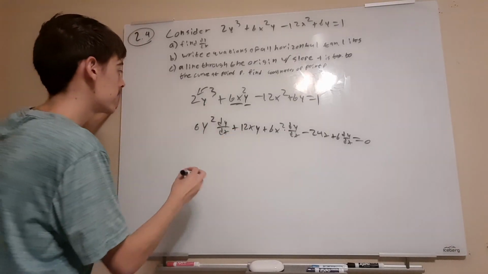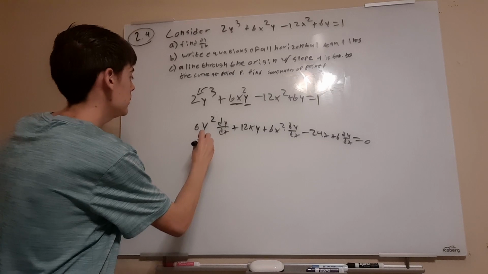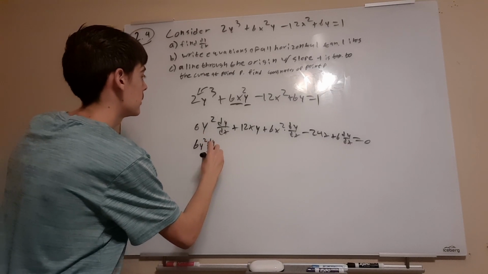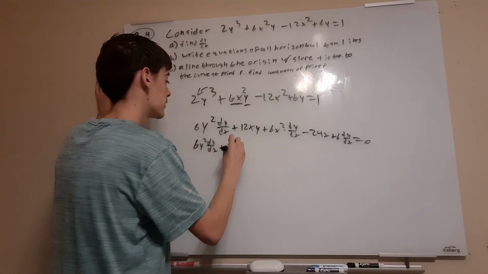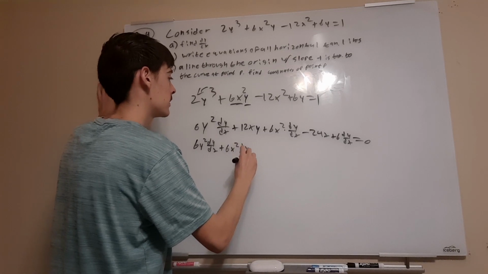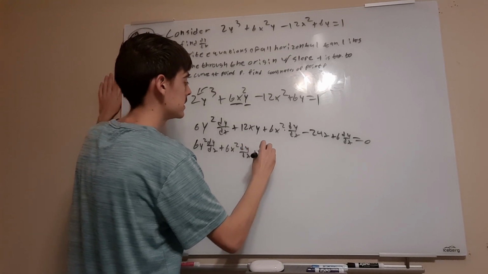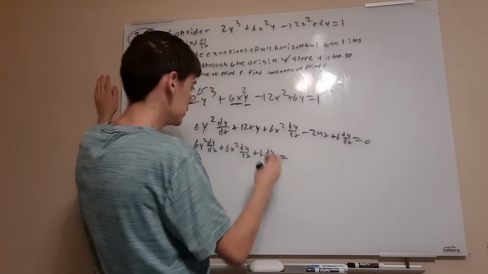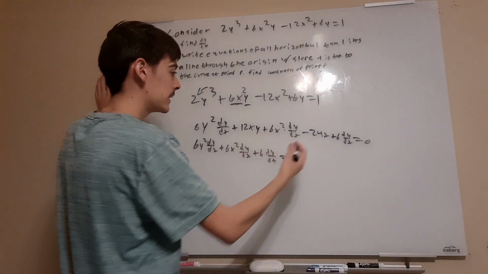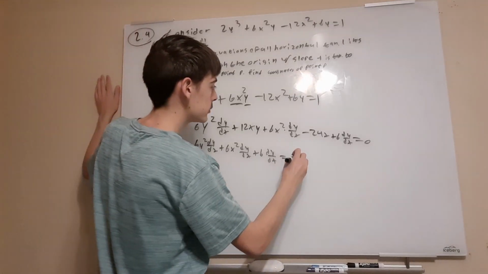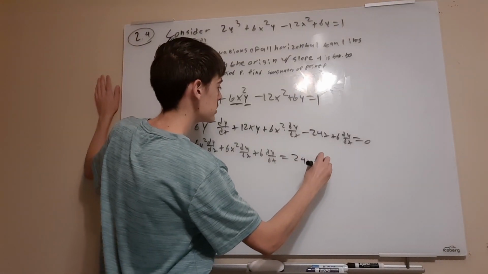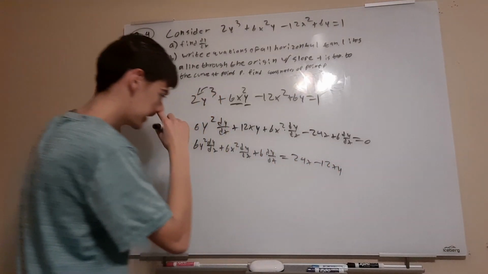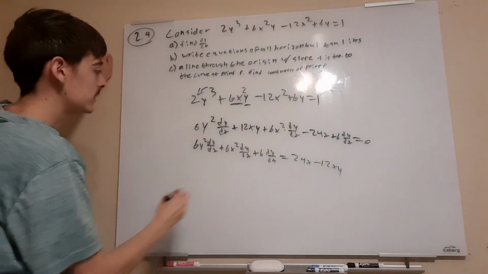So doing this, we're going to have 6y squared dy dx plus 6x squared dy dx, and then plus 6 dy dx. Now we can let that equal to, if we were to subtract the non-dy dx terms over, we will have 24x minus 12xy. From here, we can factor out a dy dx.